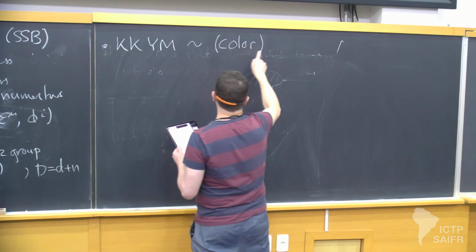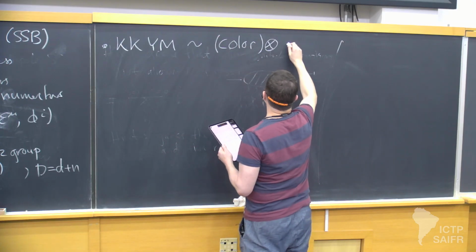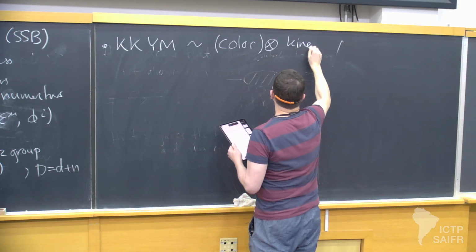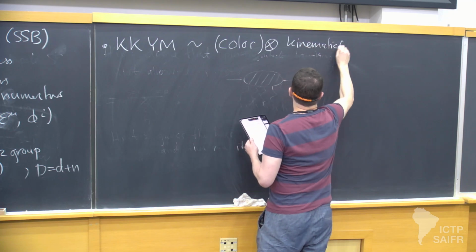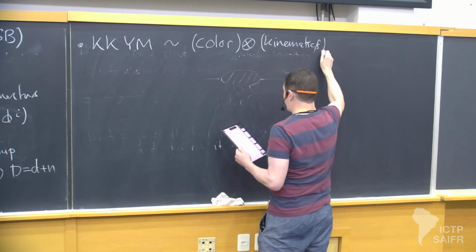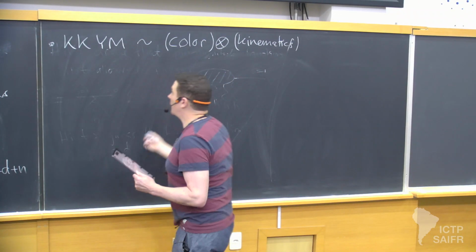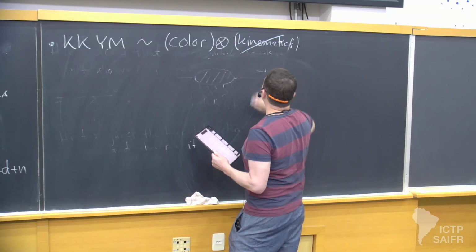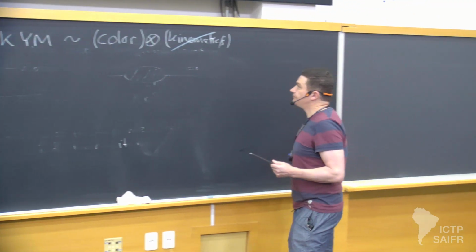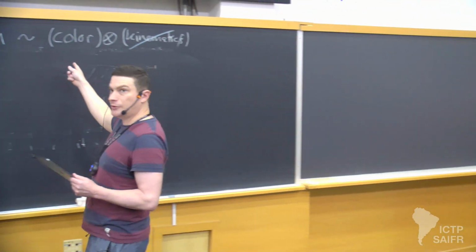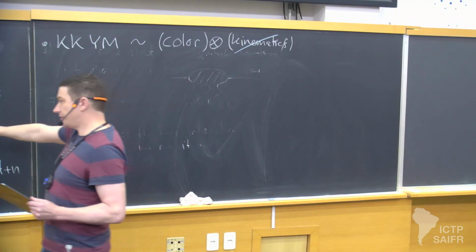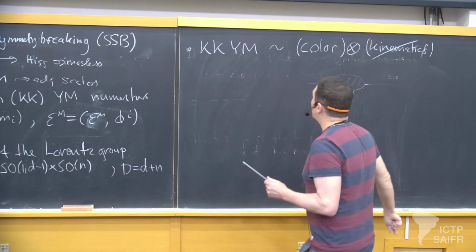So if you think of it as color times kinematics, then we're just saying that Kaluza-Klein is just breaking the kinematic part. But it doesn't do anything to the color. The color just stays as it is.